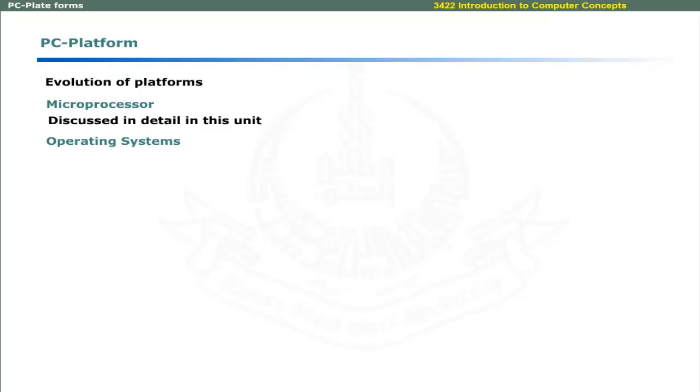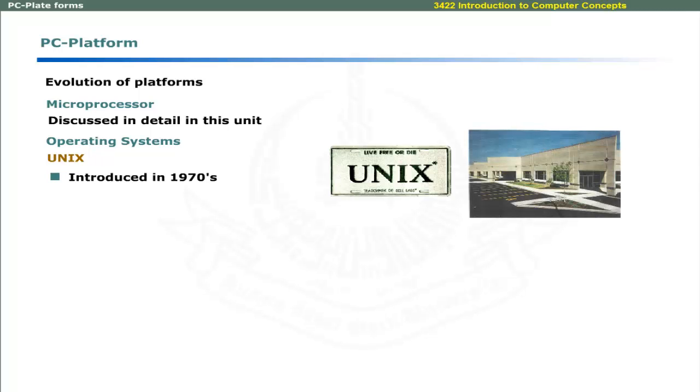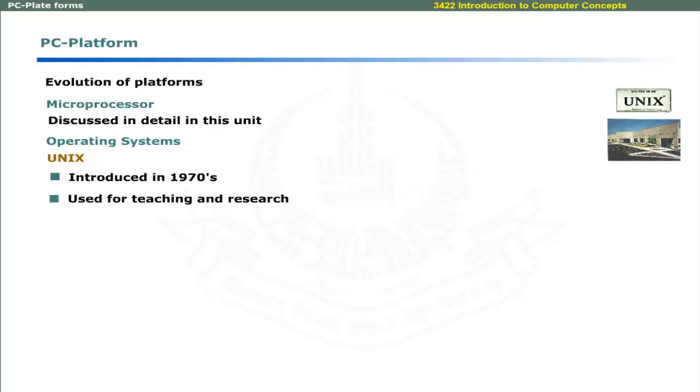The first and most powerful operating system is UNIX. It was introduced in the early 70s by Bell Labs. UNIX was distributed by Bell Labs for teaching and research purposes. This led to development of a number of UNIX-based systems.